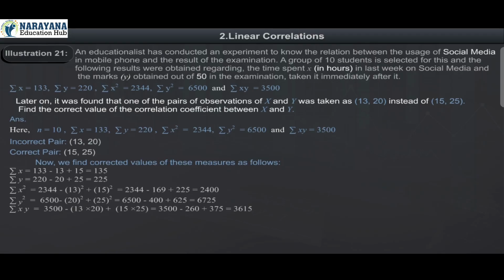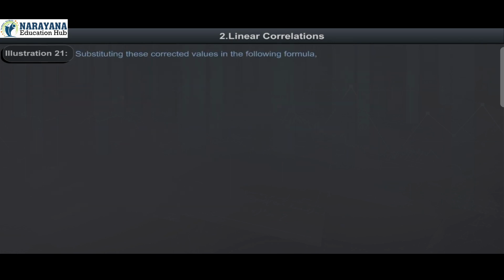Sigma xy is equal to 3500 minus in bracket 13 into 20 plus in bracket 15 into 25 is equal to 3500 minus 260 plus 375 is equal to 3615.